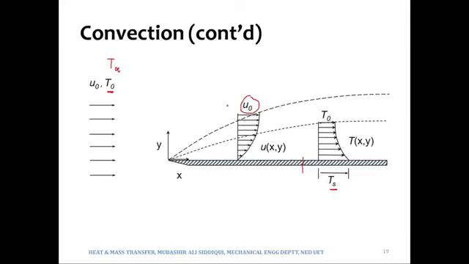So this is the case where T infinity is greater than Ts. If T infinity is 60 degrees Celsius, we would have higher temperature in this region, and Ts is 30 degrees Celsius. So the temperature would continuously keep on decreasing from 60 degrees Celsius to the lower temperature of 30 degrees Celsius or Ts. So the temperature profile may take this shape, or it may be the opposite shape, depending upon whether Ts is greater than T infinity or Ts is less than T infinity.